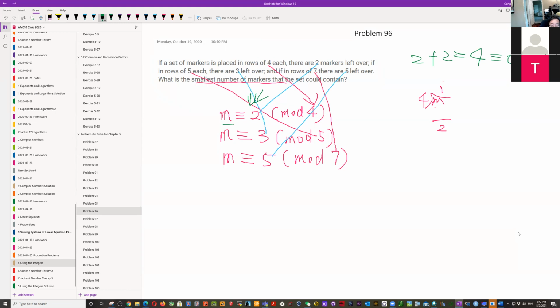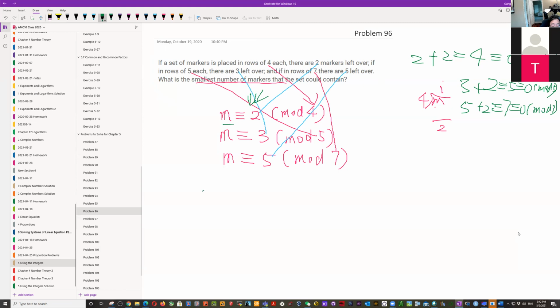And here, if we add 2, 3 plus 2 is 5, which is congruent to 0 mod 5. And here it's 5 and 7, so 5 plus 2 is 7, which is congruent to 0 mod 7. So basically, adding 2 on both sides makes the whole difference.